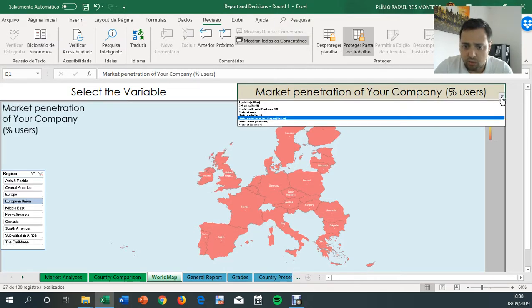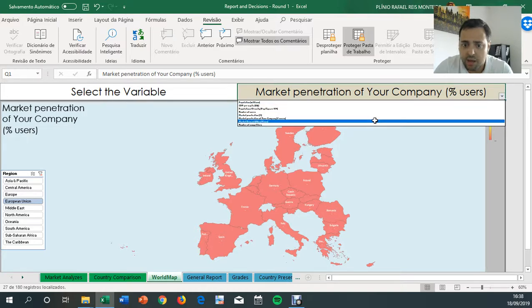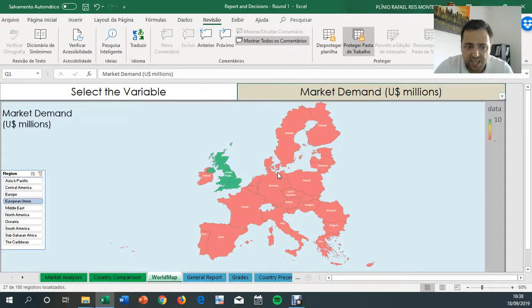Another interesting variable that you can analyze is, this is not working, I'll show you that later, but look at the market demand. So basically how much people are spending on this market, or the total revenue of all companies operating in the country. So let's take a look, and if you look at the United Kingdom, this means that 38 millions of dollars was spent on that market in the last year.